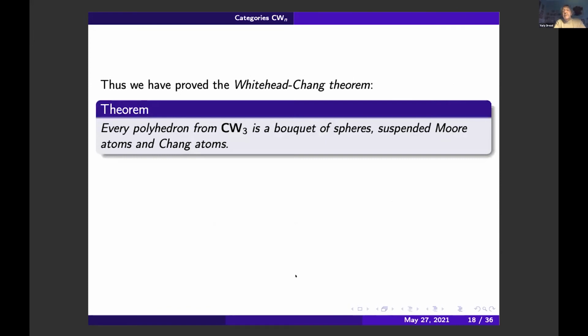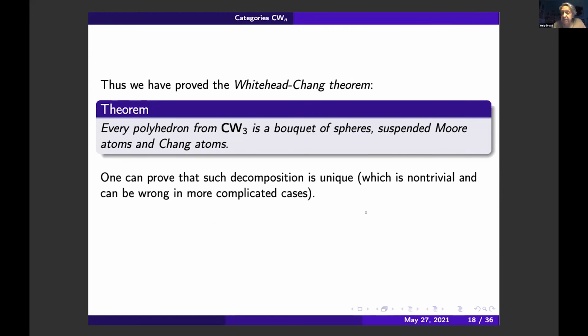And so we have proved the well-known Whitehead-Chang theorem that every polyhedron from CW3 having cells on 3 levels is a bouquet of spheres, suspended Moore atoms, and Chang atoms.